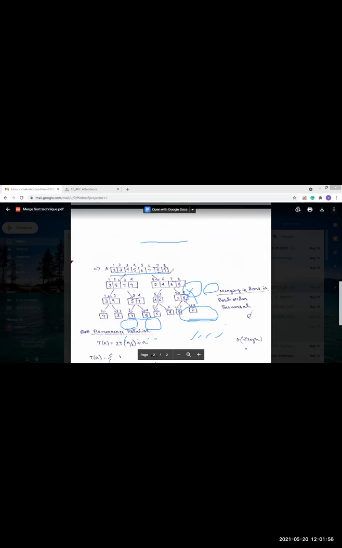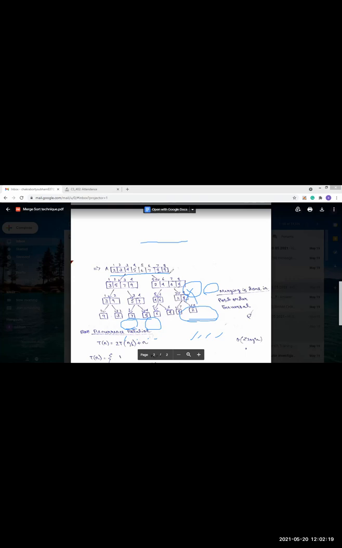Now, if you observe very carefully, in merge sort, if we compare it with the tree, what is it? It is the post-order traversal. It is post-order traversal because first we are doing left side merging, then right side merging, and after that root merging.